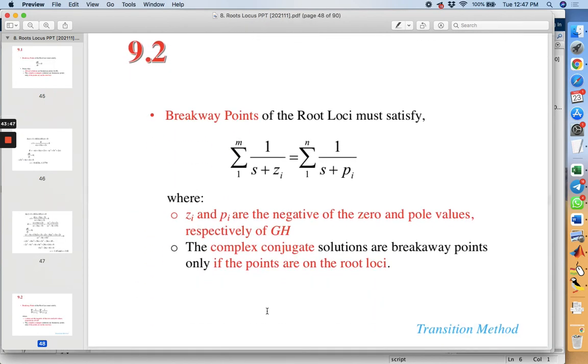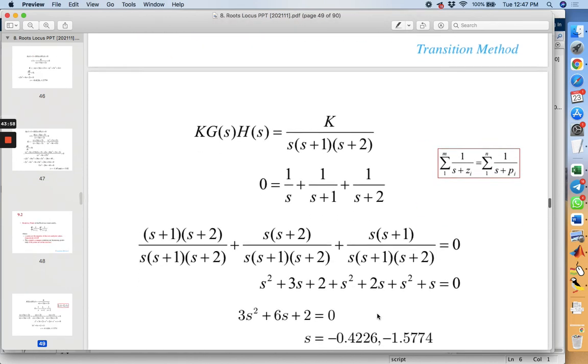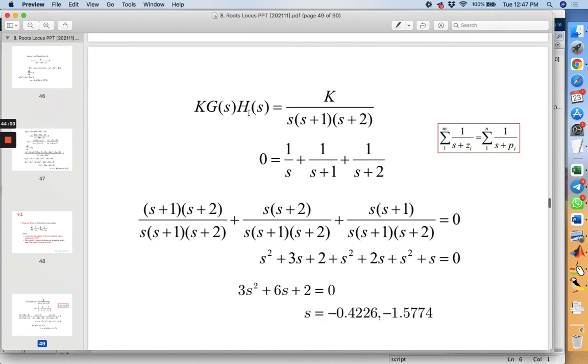Another method to use is what we call the transition method. This method requires no differentiation. We take our kgh, which is k over s plus 1, s plus 2, and use this formula: the summation of 1 over zeros equals the summation of 1 over poles.